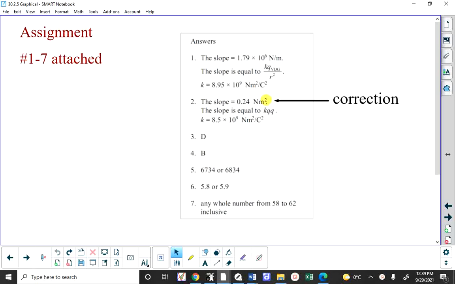At the end of yesterday's class, I think it was Ben who had done number 7, and he was getting a number in the neighborhood of 70 grams. I'm going to keep that solution I have up there, which is 58 to 62. That's what you get if you determine the equation of the line of best fit, which includes the y-intercept, on your calculator using the regression.